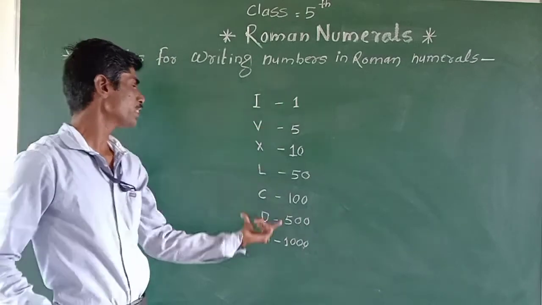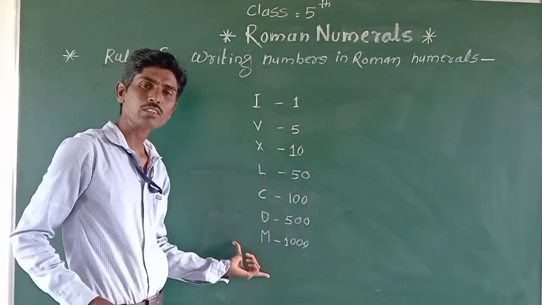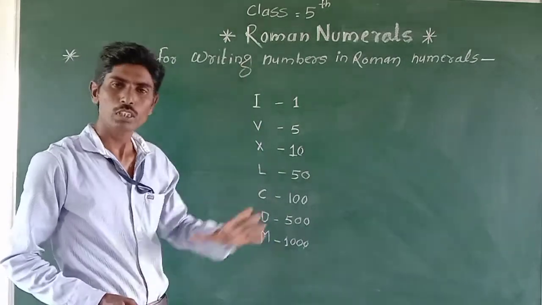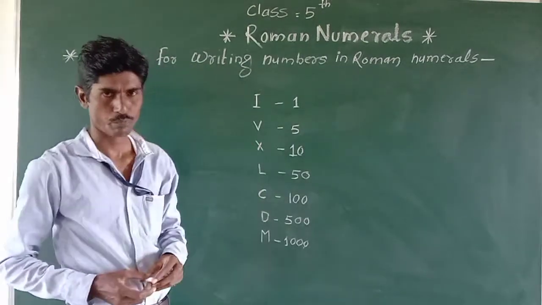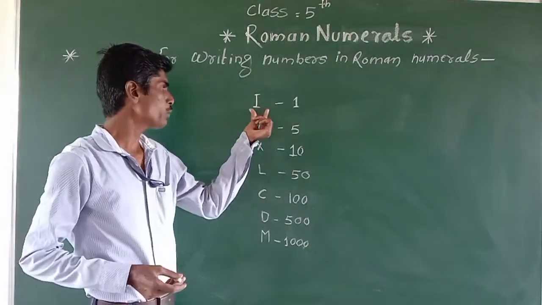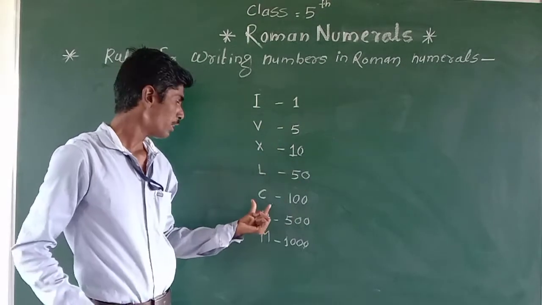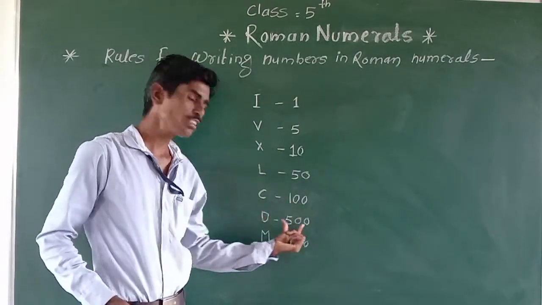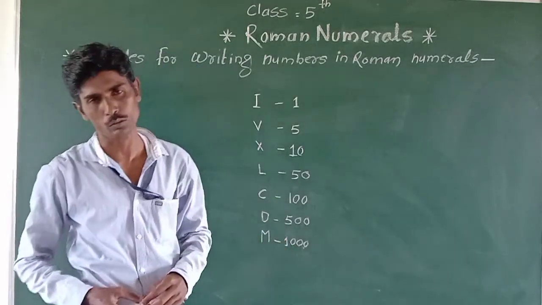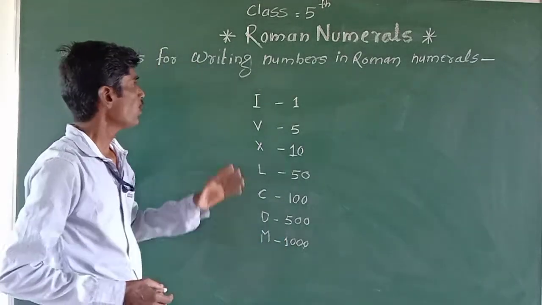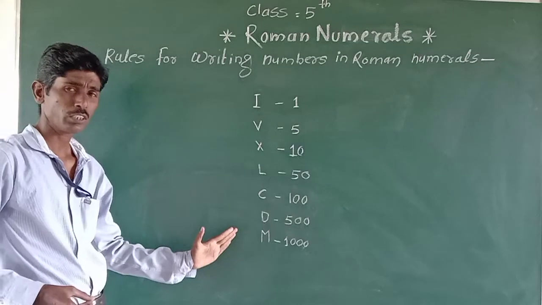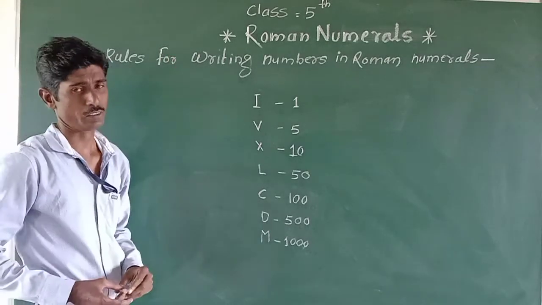So these are the seven symbols that were used at that time and today also. So I means 1, V means 5, X means 10, L means 50, C means 100, D means 500, and M means 1000. These are the symbols used by the Romans.